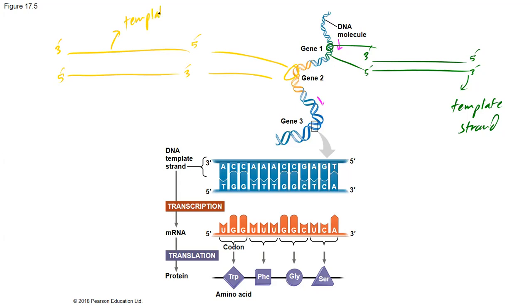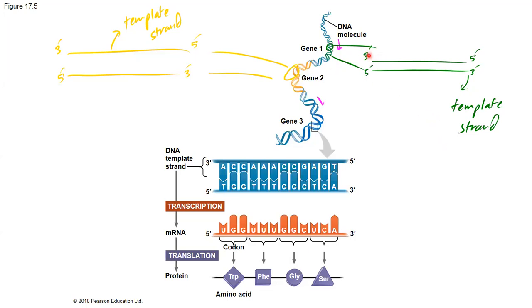So for each gene, which strand will be used as a template and which one is the coding depends on the gene, and it depends on some sequences before or after the gene that will determine which strand will be used as a template and which as a coding.